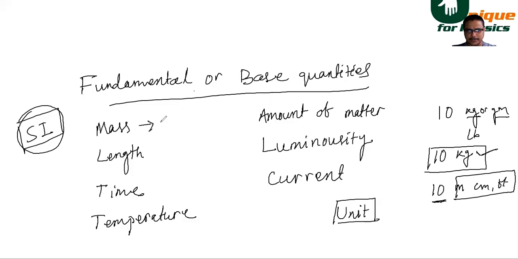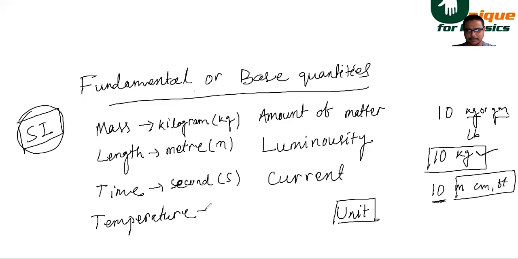So for mass, we write mass in kilogram. In short, it can be written as kg. For length, we write meter, only small m. Time, we write second, so only s. Temperature, we measure in Kelvin.